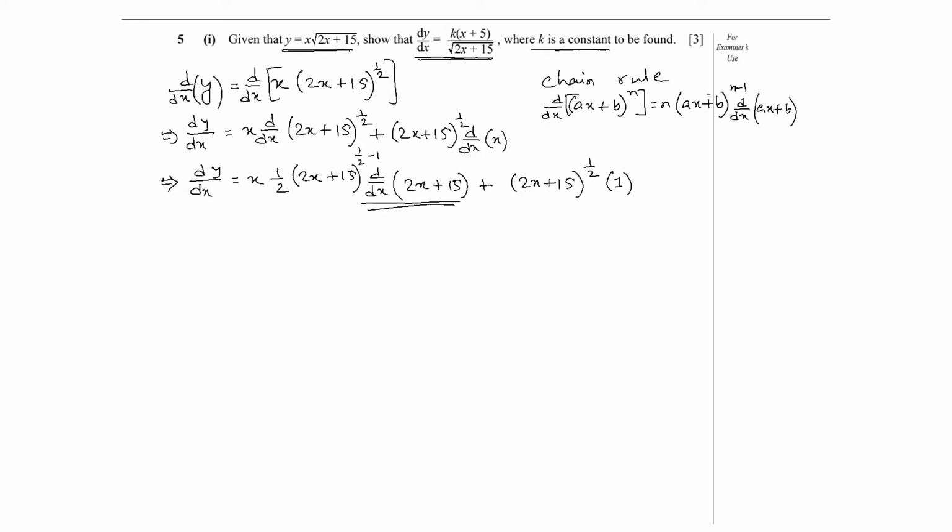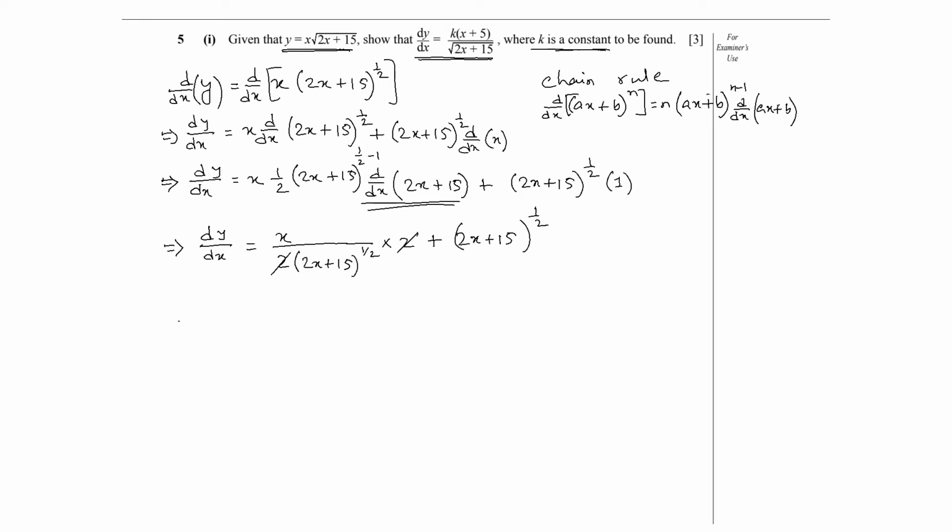Now, continuing on with the original solution, we can write dy over dx is equal to x divided by 2 times (2x plus 15) whole to the power half, times 2, then plus (2x plus 15) whole to the power half.